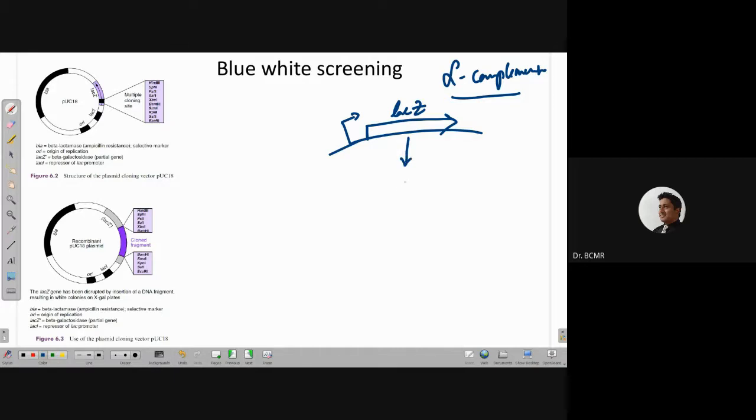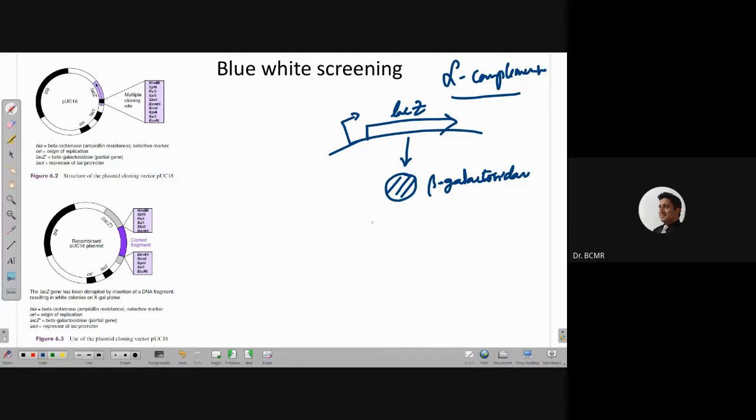lacZ will produce an mRNA, and then upon translation, it will produce an enzyme, which is called beta galactosidase. It is involved in breaking lactose into glucose and galactose.